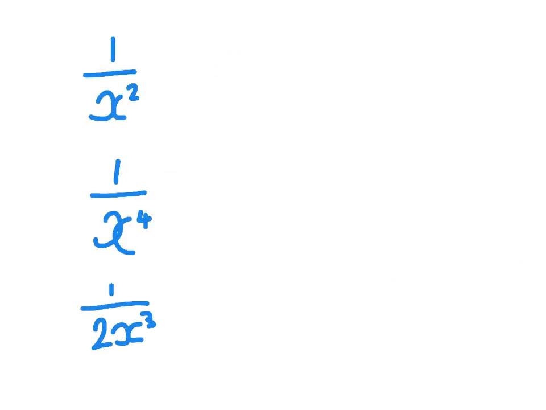So we've looked at the indice rules for fractional indices, and now we're going to remind ourselves of the rule when x is in the denominator of a fraction. 1/x squared is the same as x to the -2. 1/x to the 4 is the same as x to the -4.